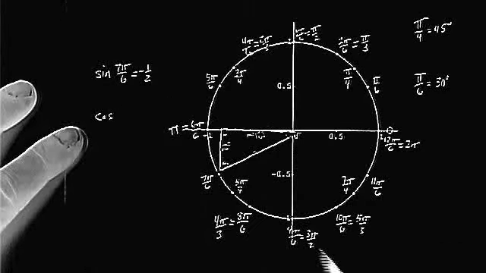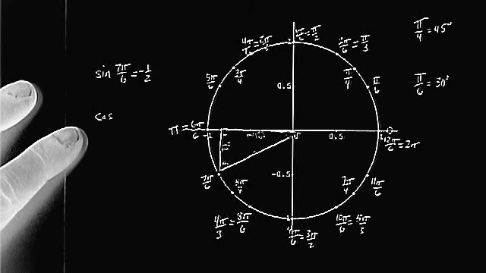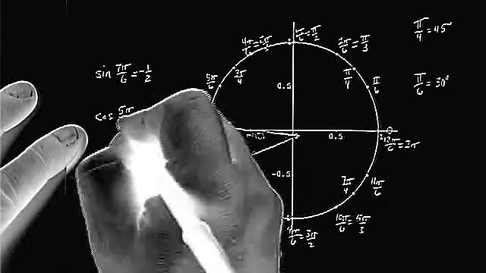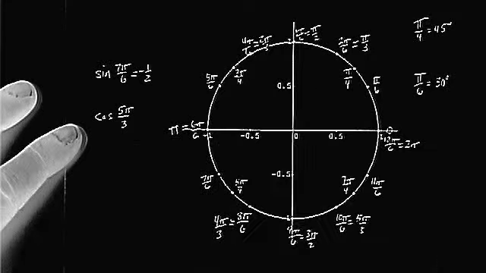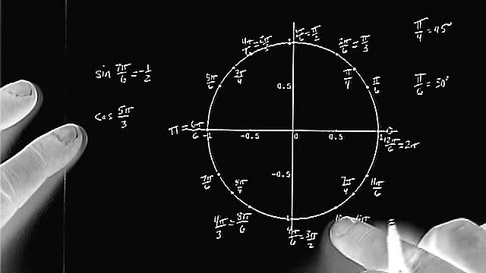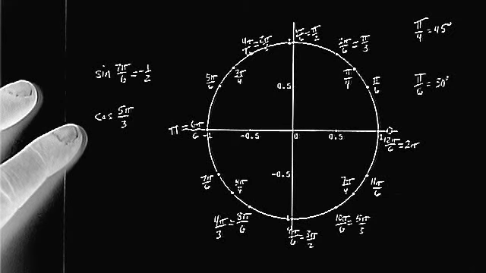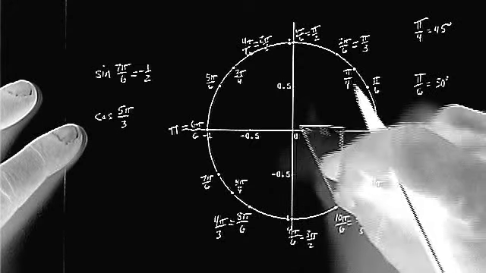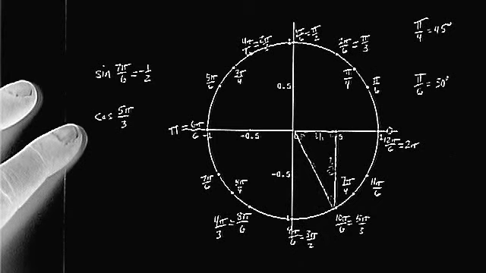What about the cosine of 5 pi over 3? 5 pi over 3 sits down here. Drawing it up to the x-axis creates a 30, 60, 90 right triangle again.